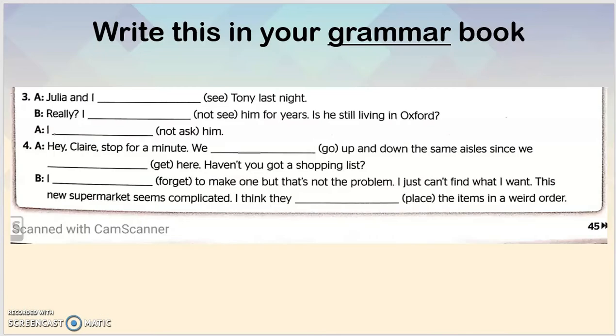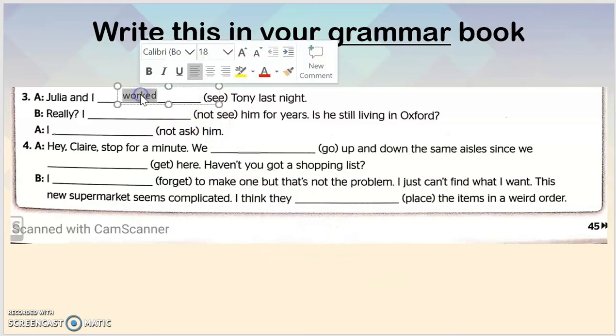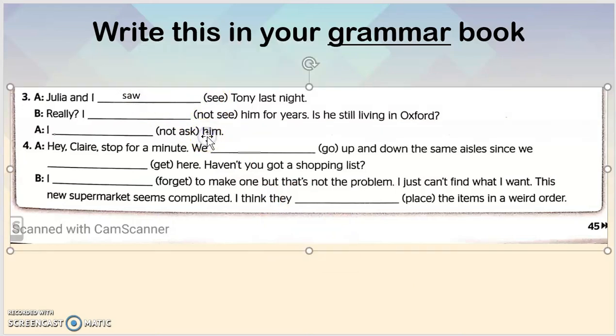Number 3. A: Julia and I blanked Tony last night. What is the past tense of see? Yes, the past tense of see is saw. B says, really, I blank him for years. Is he still living in Oxford?